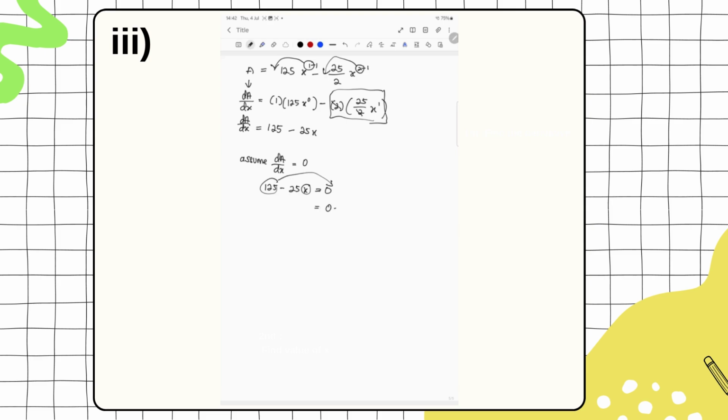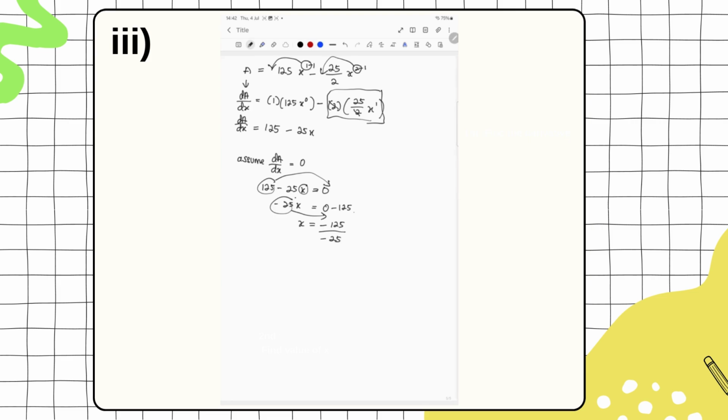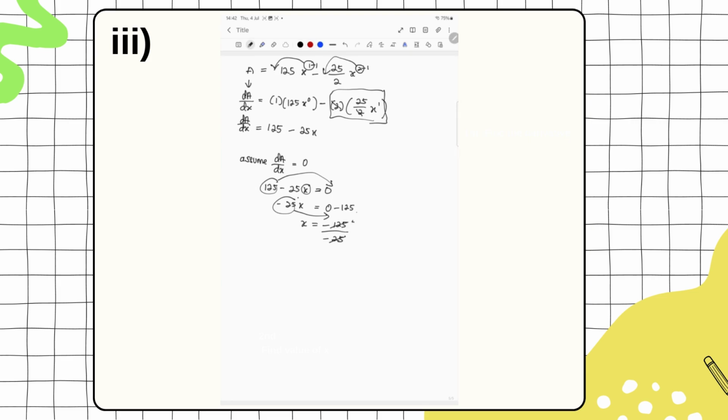Then we got 0 minus 125, and 0 minus 125 is negative 125. And then we move negative 25 below since it is multiplied, so we need to divide by negative 25. So we got 5. So our x is 5.